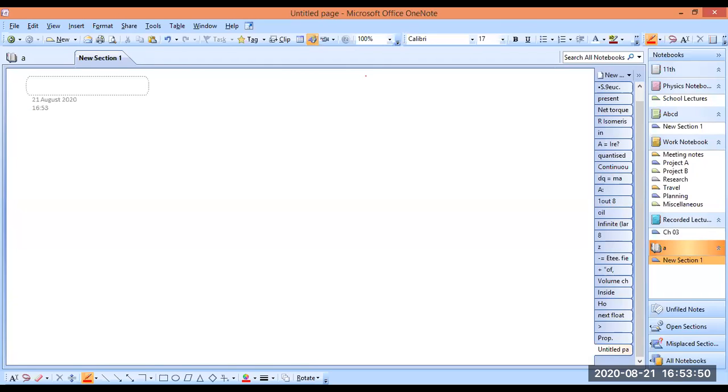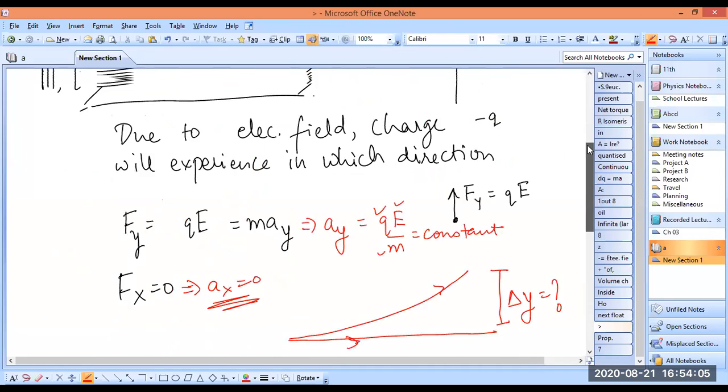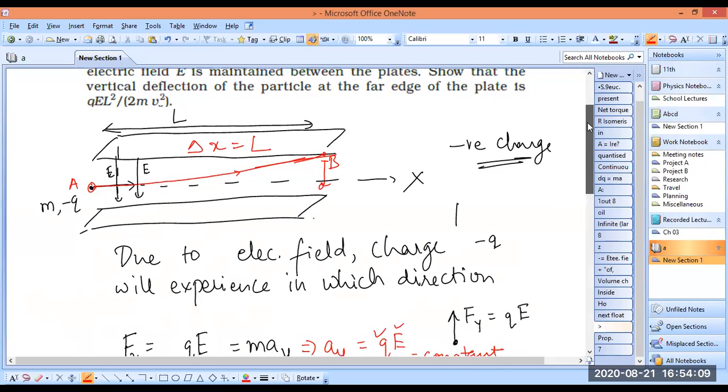If it was not uniform in question 33. Okay, the 33 is the one with plates. So let's go back to that. This one. So here, if it was not uniform, then you really can't predict what will happen.